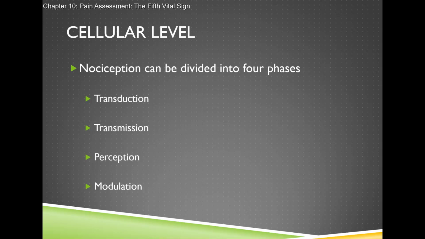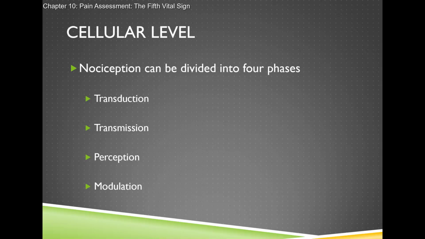So all of this happens within a second. This is what's going on when you touch that hot iron, or you touch something that hurts you, all of these phases. And then the modulation is the phase where you start releasing endorphins and indigenous opioids in your brain, which block the pain impulse.